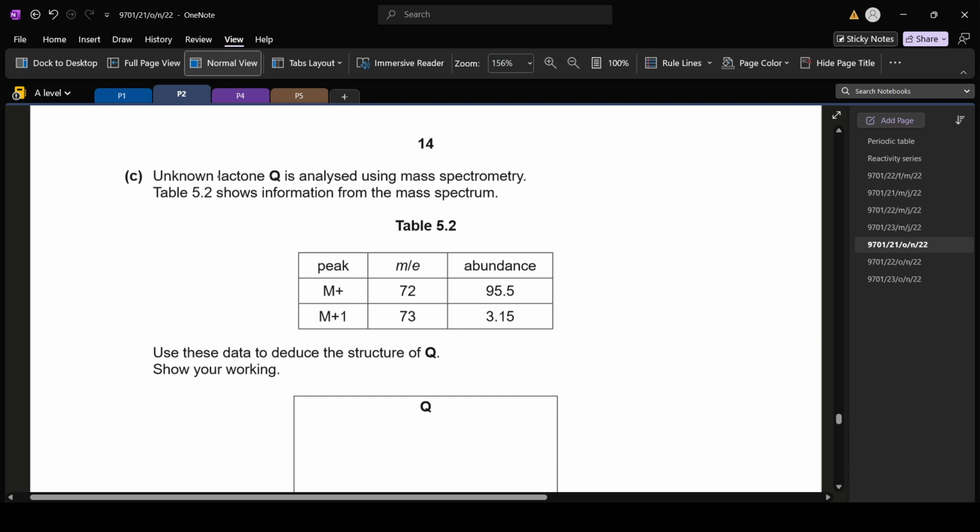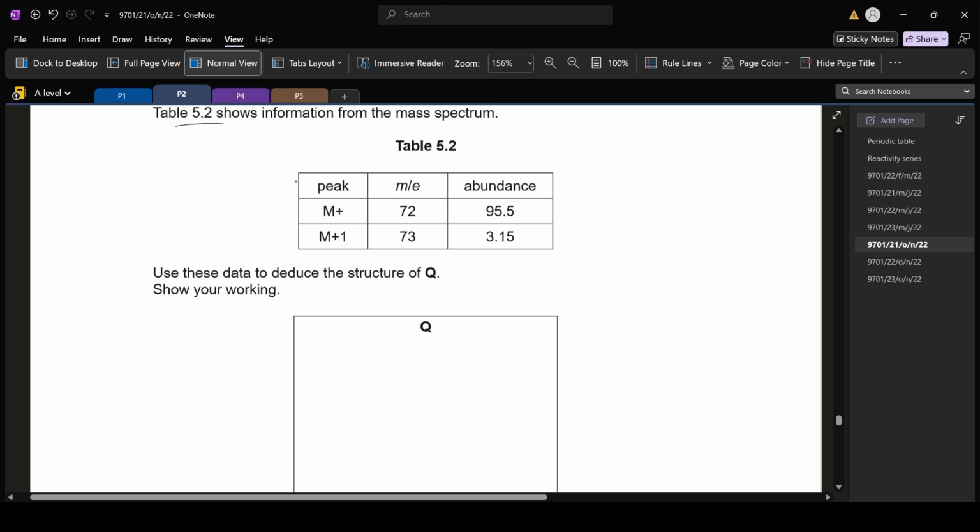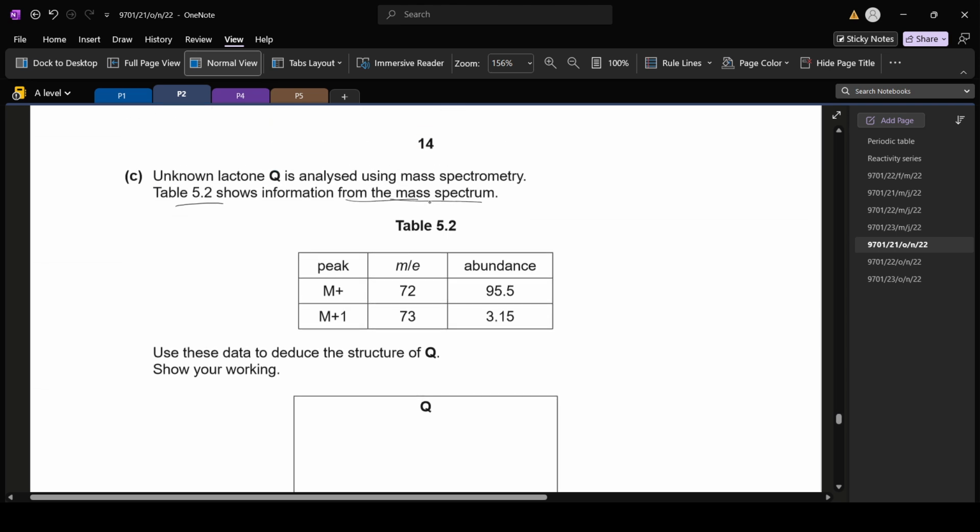The unknown lactone Q is analyzed using mass spectroscopy.